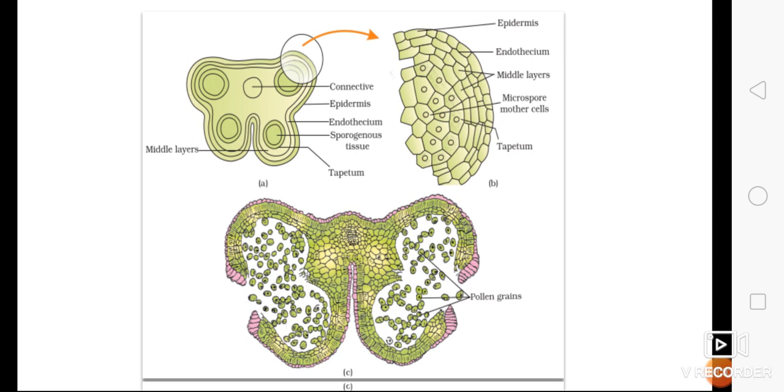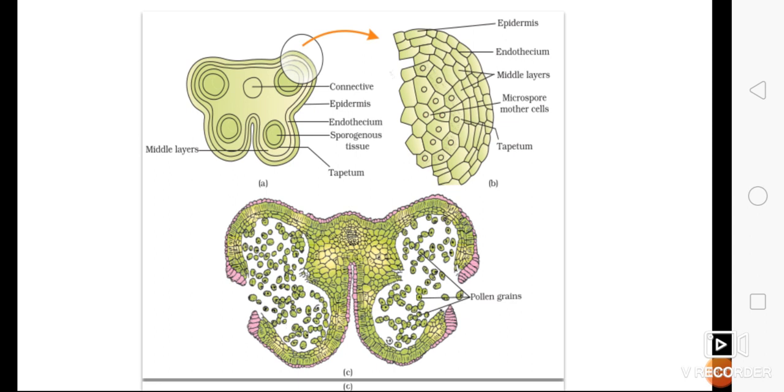Look at the diagram at the right side. We can observe cells in these 4 wall layers, diagram B: epidermis, endothecium, middle layers, where we can observe 2 layers of cells in this diagram, and tapetum.